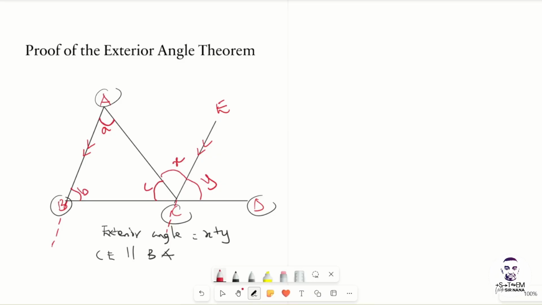So we have an angle at A here. We can see that it is alternate to the angle X. So we can say angle A is equal to angle X. Or we can say angle BAC is equal to angle ACE, right? And then it means that A is equal to X. So that is for this side.